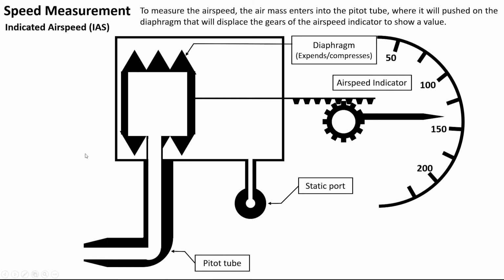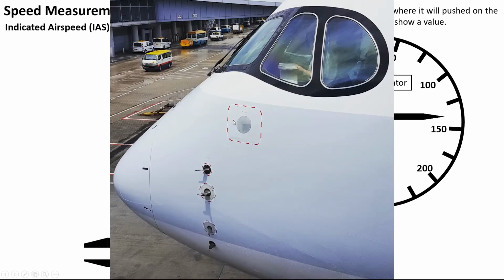What you need to understand is that when we measure the speed of the air around us, the plane is flying into an air mass, and that air mass will penetrate into the pitot tube, the pitot tube that you have on the side of the aircraft.